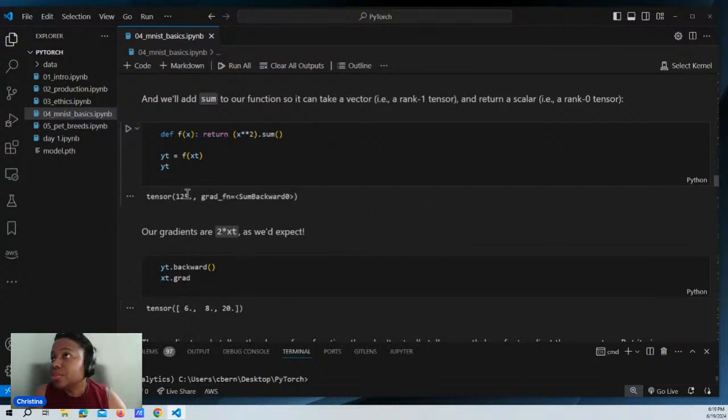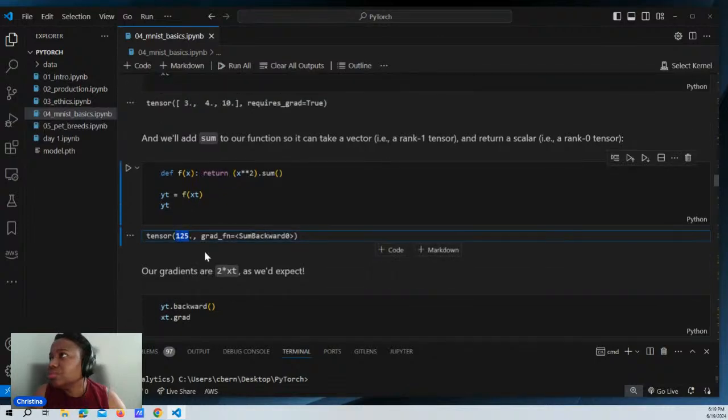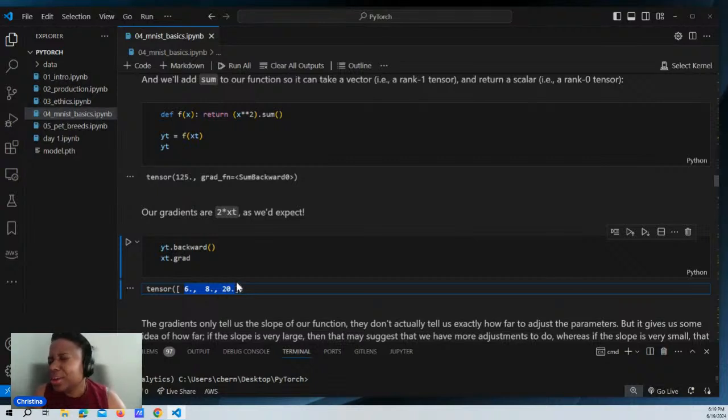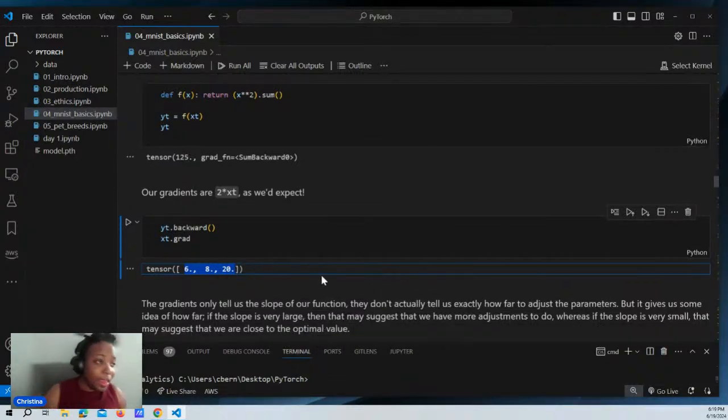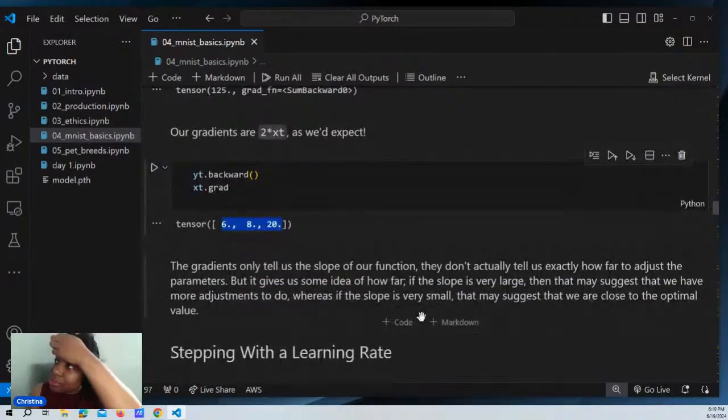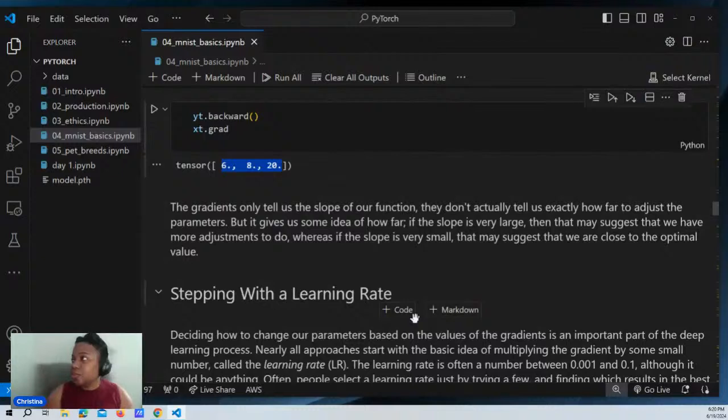And this is the size of the vector, I'm guessing. Actually, I'm not sure what we're referring to. It does return 2 times 3, 2 times 4, and 2 times 10. Actually, let me make this bigger, because I am half blind. And that gives us the slope at a given point.